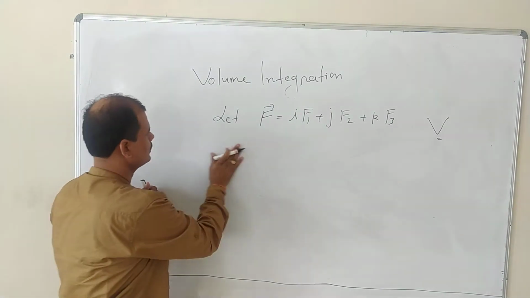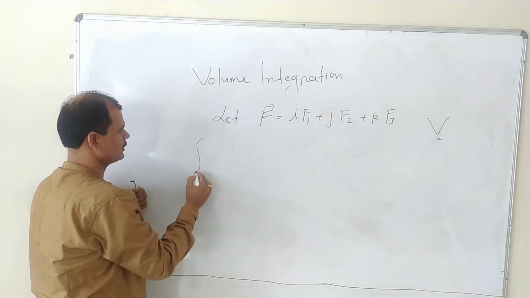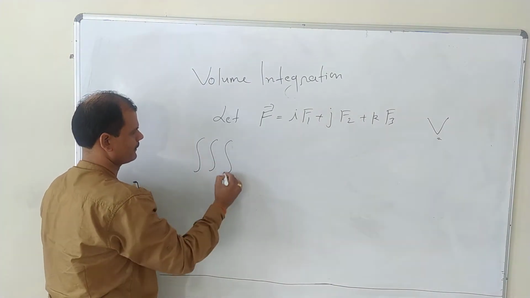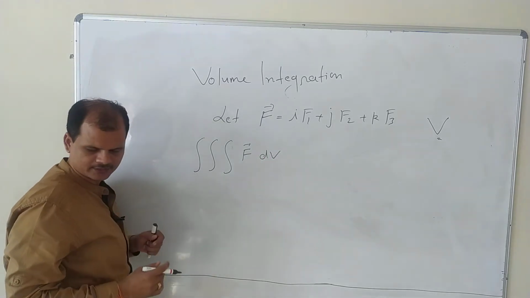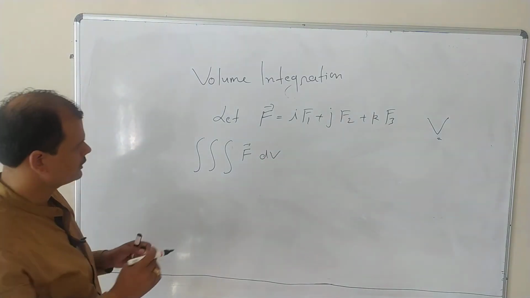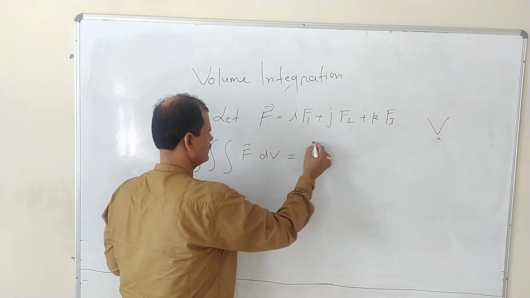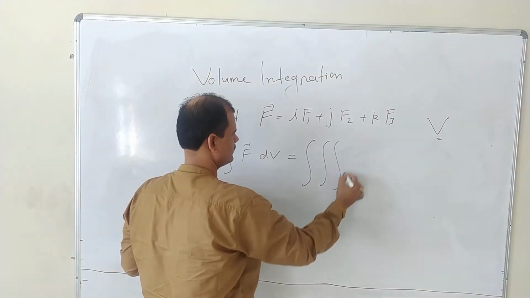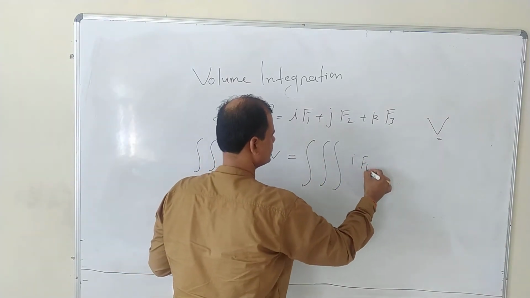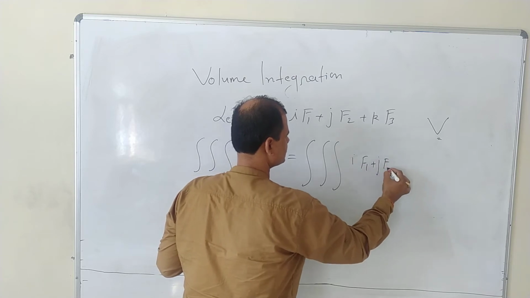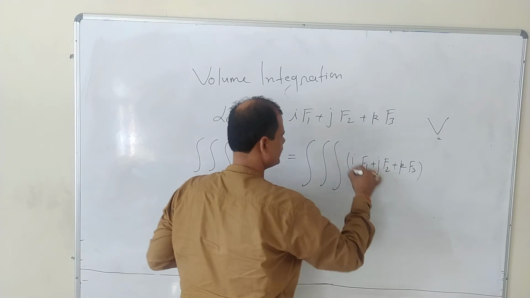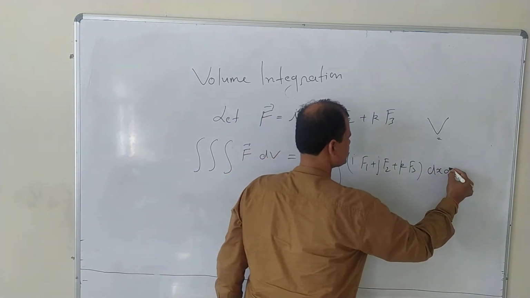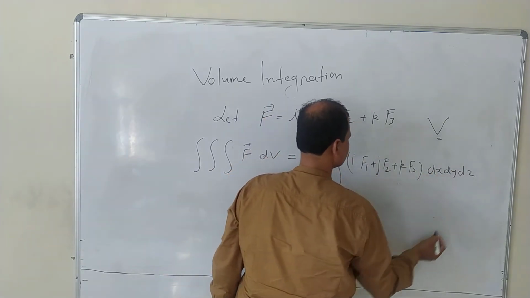So we can write the integration of f dV. So this will be the triple integration of (i f1 plus j f2 plus k f3) dx dy dz.